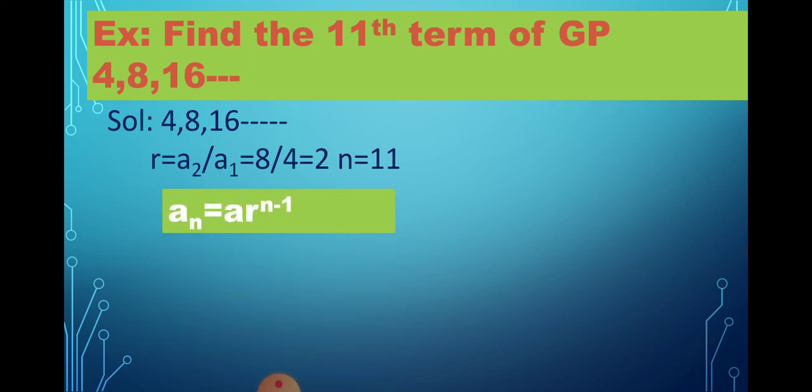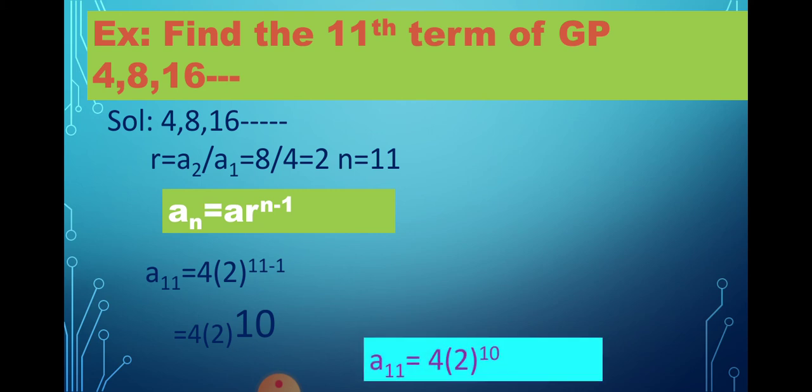Here an equals a into r power (n minus 1) is the formula. In this formula we have to substitute the a, r, n values. So we will get a11 equals 4 into 2 power (11 minus 1), that equals 4 into 2 power 10. So the 11th term of this geometric progression equals 4 into 2 power 10.